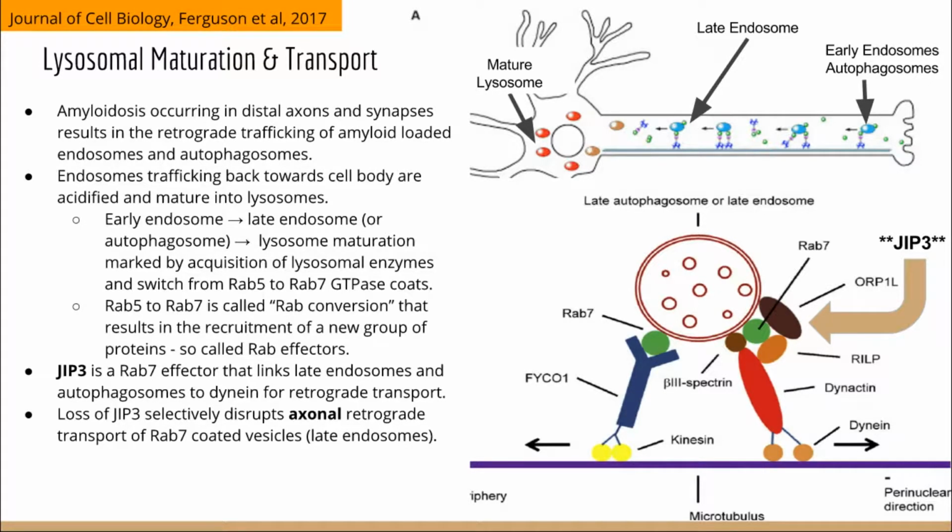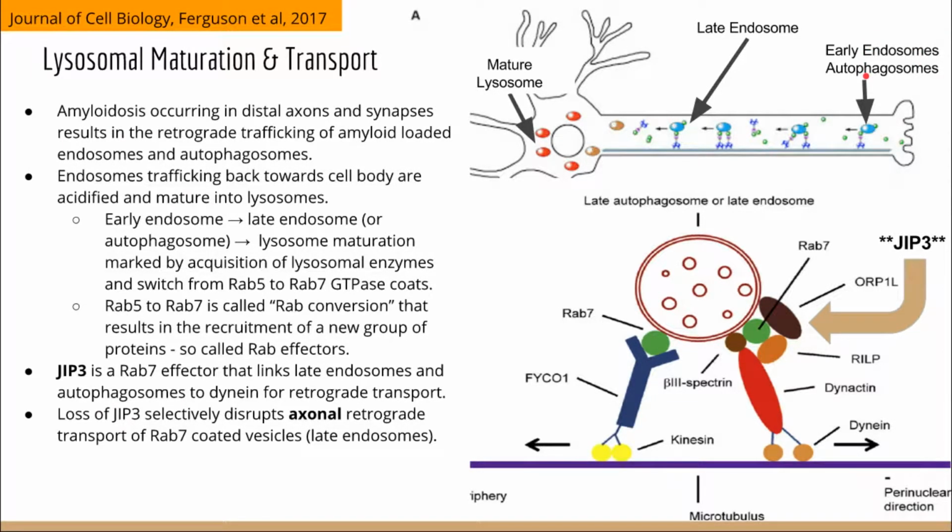Another primary idea tackled by this current paper relates to how amyloid beta accumulation in endosomes and lysosomes disrupts trafficking. So remember that APP is primarily a synaptic protein. So when it's degraded in endosomes and aggregates, this often occurs in distal axons near synapses. And in a healthy normal axon, endosomes, as well as autophagosomes, are constantly turning over their contents.